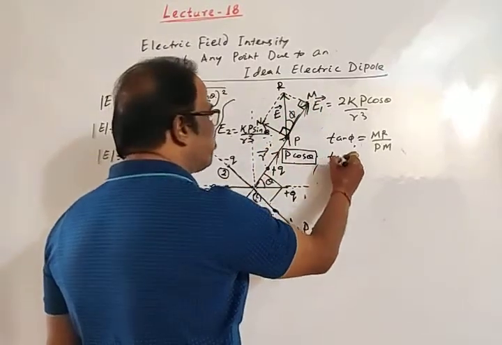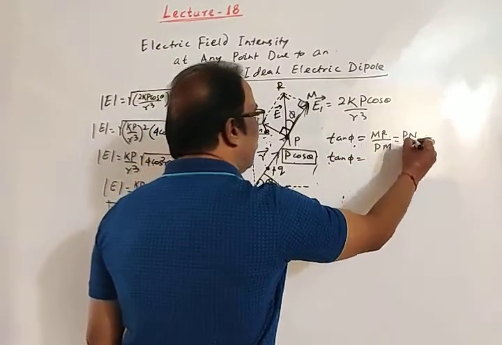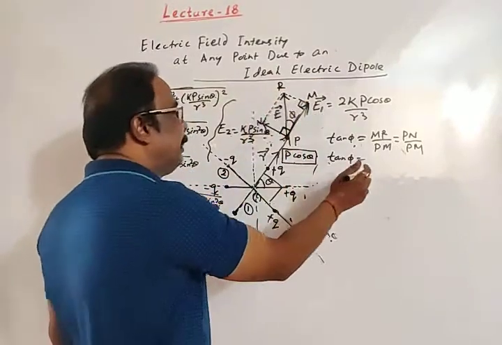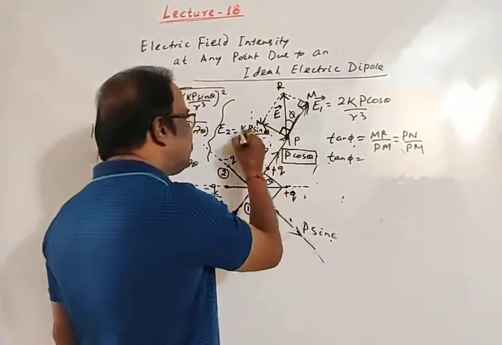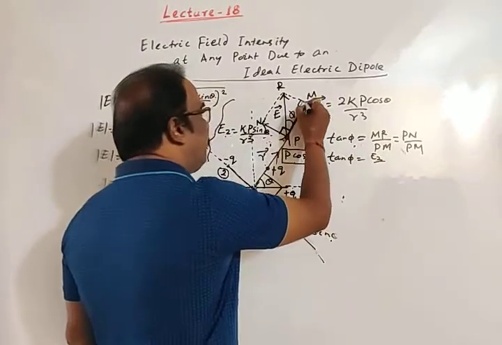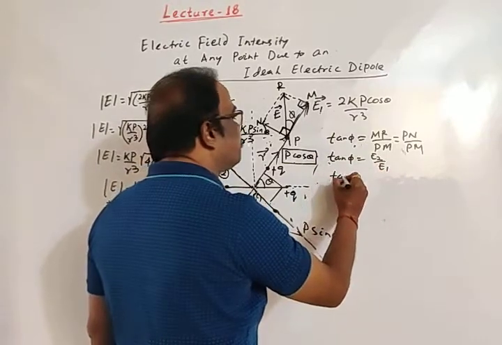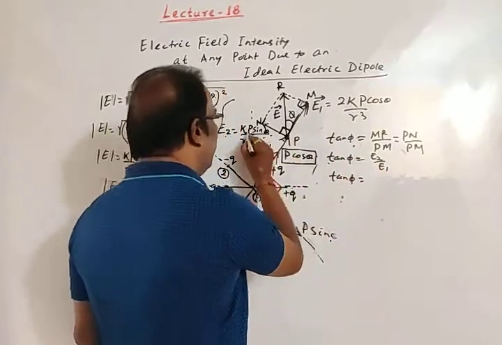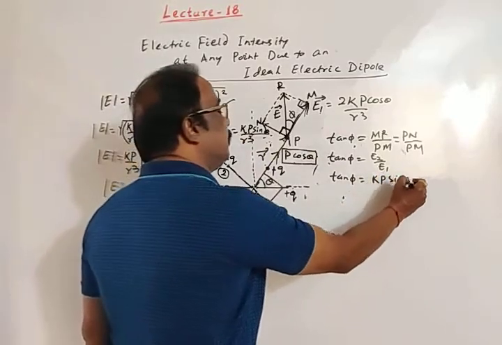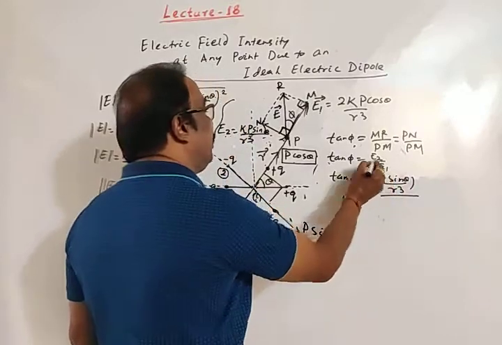So tan phi is MR, or you may write PN divided by PM. The length of PN represents E2, and the length of PM represents the magnitude of E1. So tan phi is E2, which is Kp sin theta divided by RQ, divided by E1.